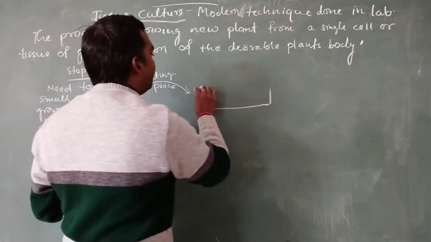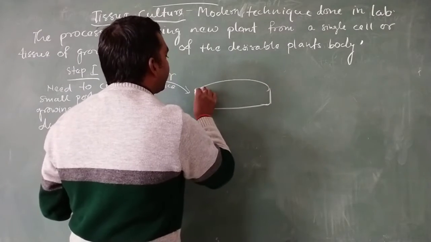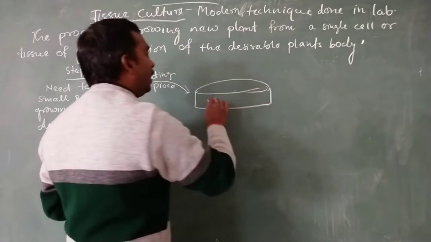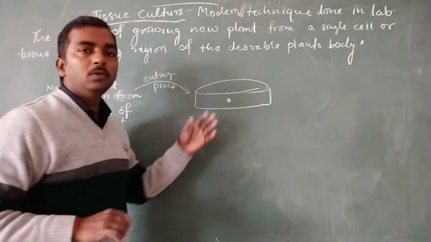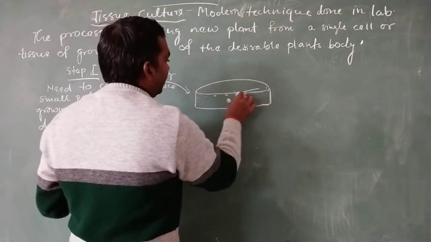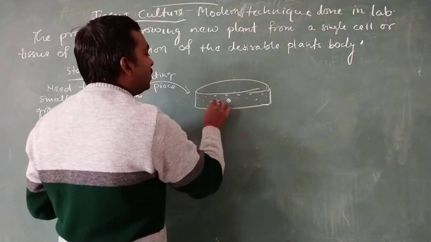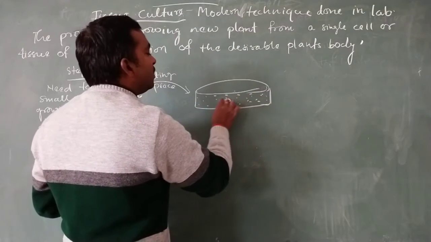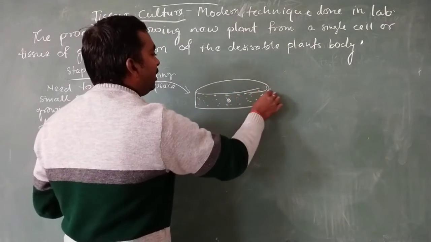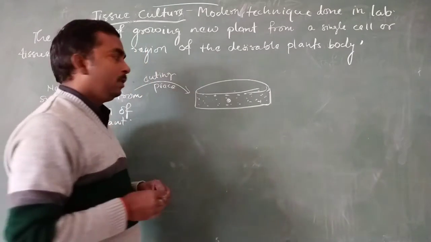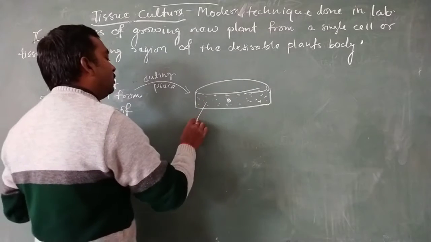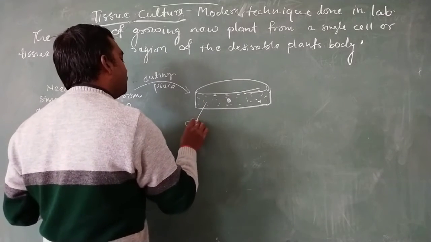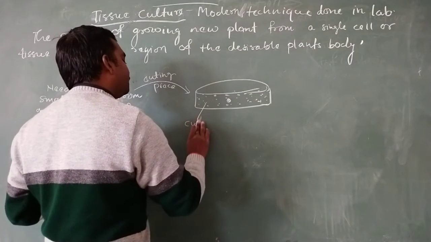So we need to make a culture medium and transfer this cutting portion into this medium, and in this medium we need to mix some chemicals and nutrients which are essential for cell division.